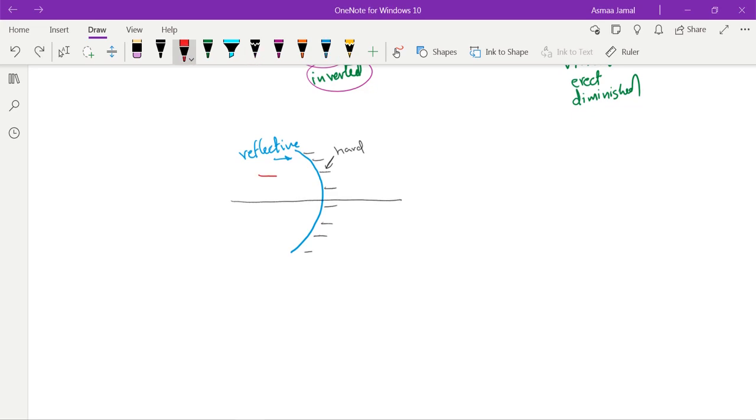When incident light comes, it will reflect back from the concave mirror to collect at a point we call the focus point. The concave mirror will converge the light. So the concave mirror is also a positive mirror and a converging mirror.